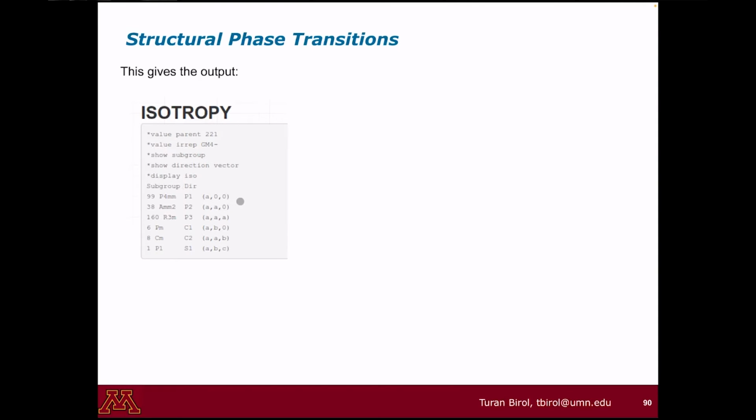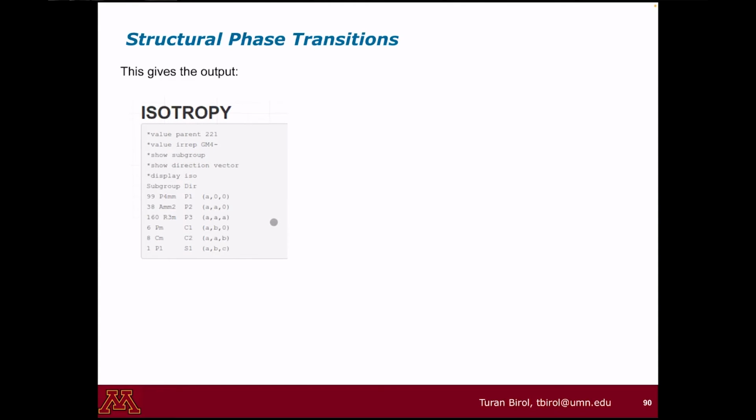Y and Z axes are not separately listed because they would give rise to the same space group, so we don't need that. If you displace the titanium along the 110 axis, for example, you end up with Amm2. If you displace it along the (a,a,a), 111 axis of your crystal, you end up with the rhombohedral R3m structure, and so on and so forth.